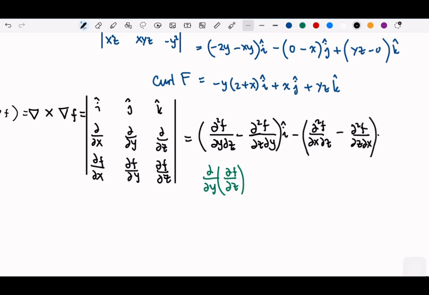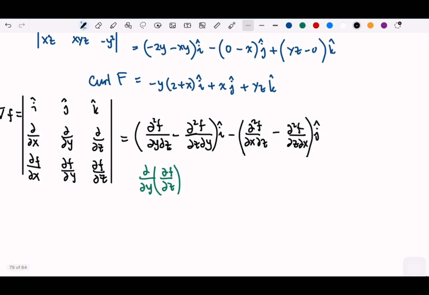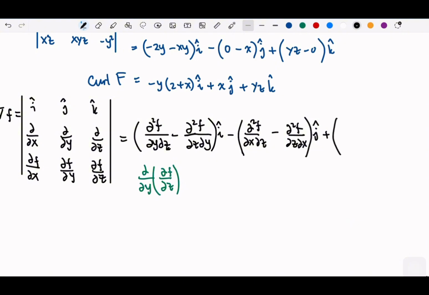Okay, this is for j. And then plus, for the k axis, this will be ∂x ∂y minus ∂y ∂x, right? Okay.